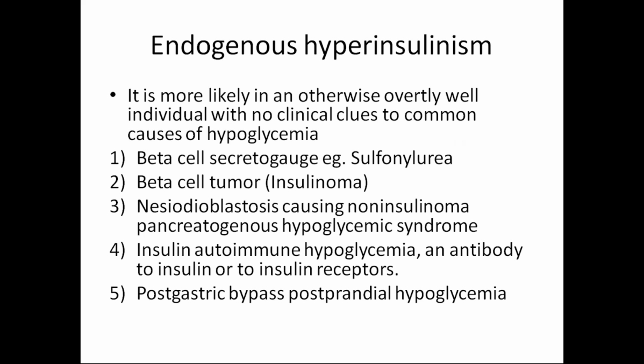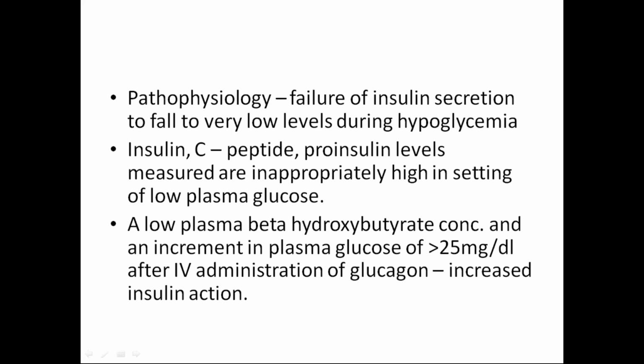So we have already seen the causes of endogenous hyperinsulinism, like in an overtly well individual with no clinical clues to a common cause of hypoglycemia. Ingestion of beta cell secretagogues causes hypoglycemia, also insulinoma, nesidioblastosis, insulin autoimmune hypoglycemia, and post gastric bypass. There will be failure of insulin secretion to fall to very low levels during hypoglycemia. Insulin, C-peptide, and proinsulin levels are inappropriately high in the setting of low plasma glucose.